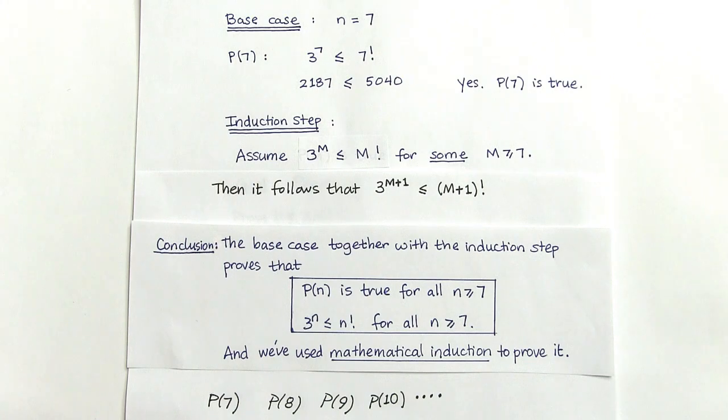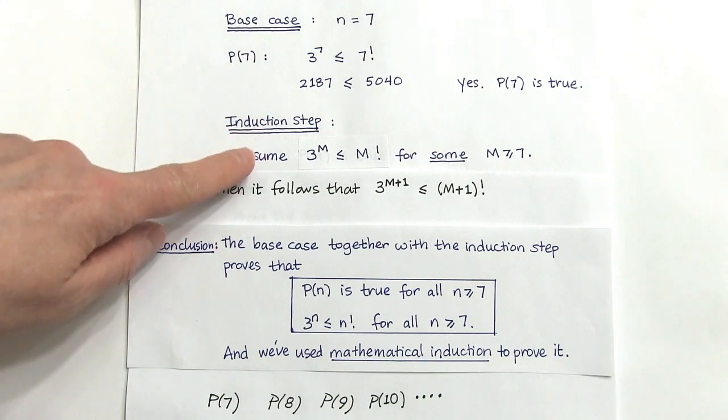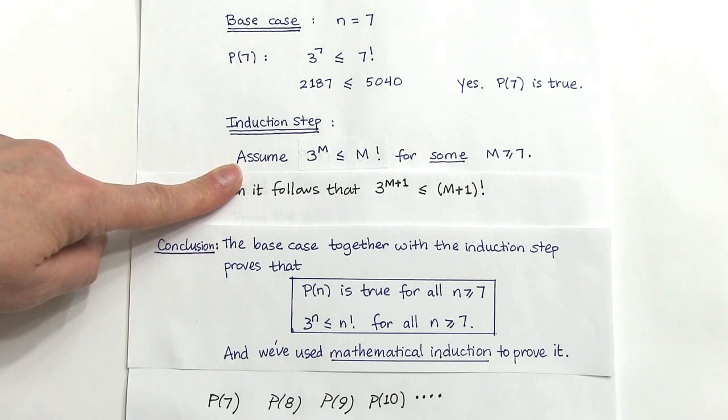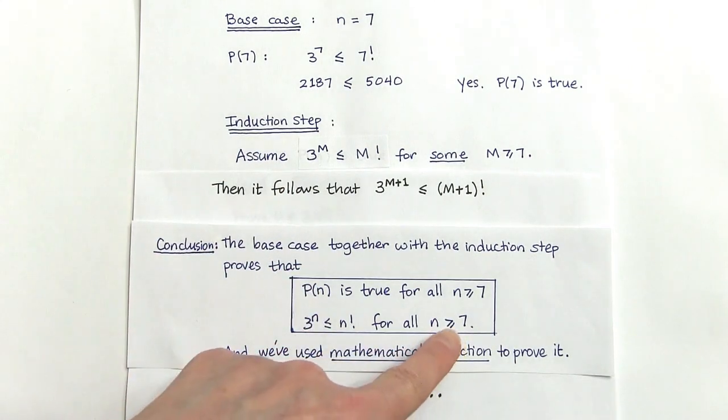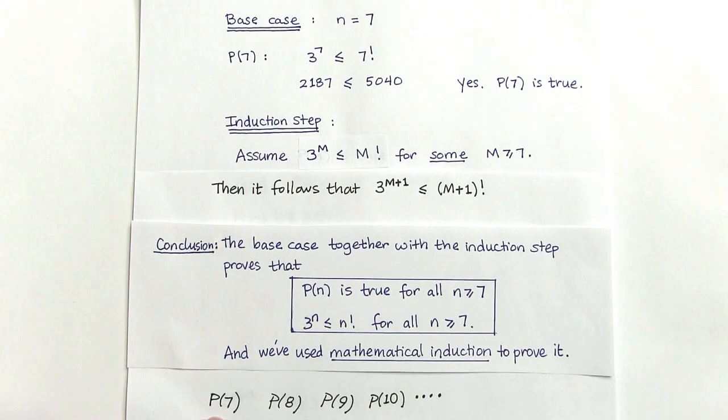So you can see why the base case together with this induction step establishes that this predicate is true for all n greater than or equal to 7. And this is just what we surmised from looking at the values in our table at the beginning of the video.